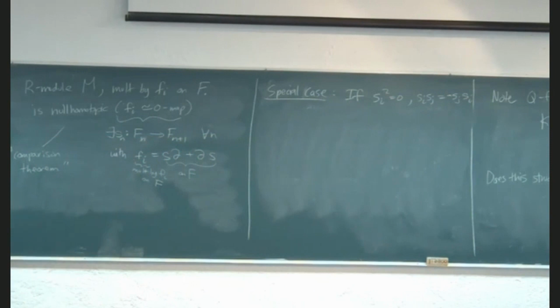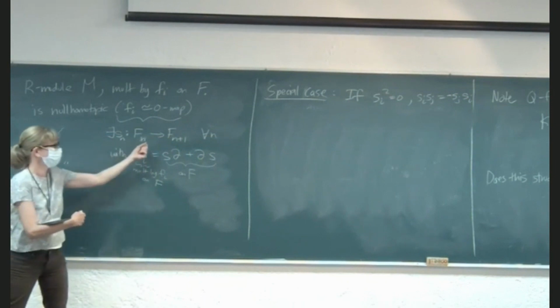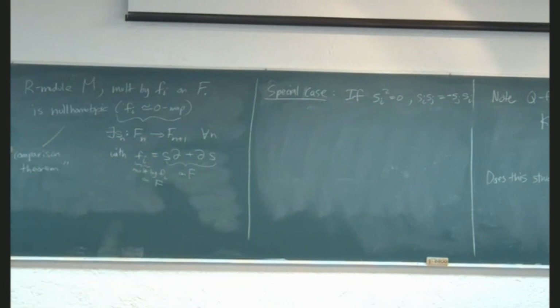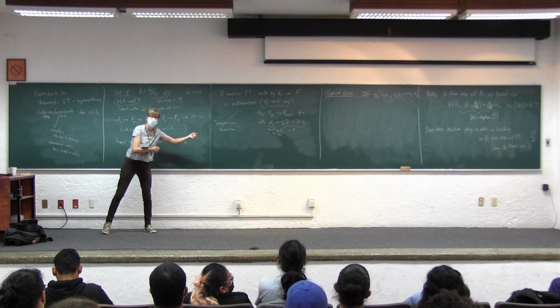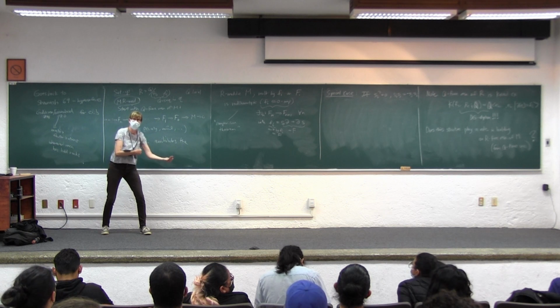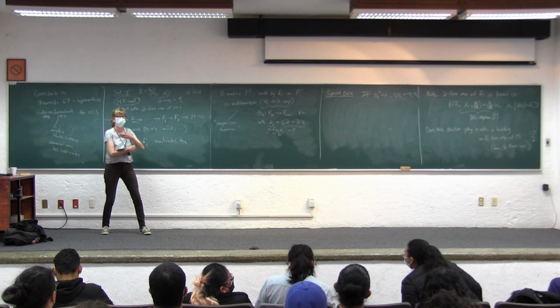If this had a DG algebra structure over the Koszul complex, and you multiply by Ei, and it's doing the map Si, and then you multiply again, you're multiplying by Ei squared. But that's 0 in the Koszul complex, right?